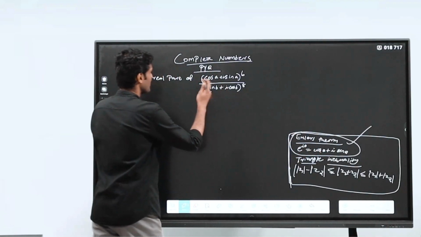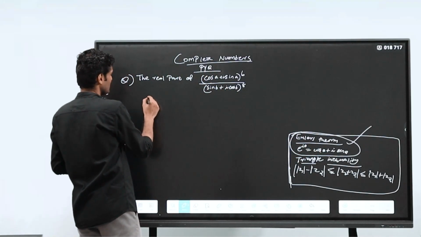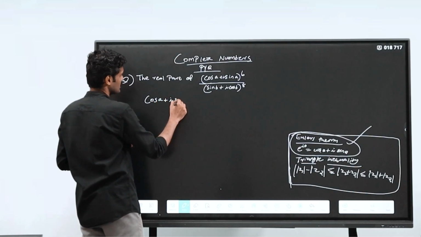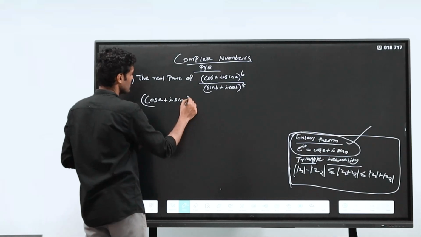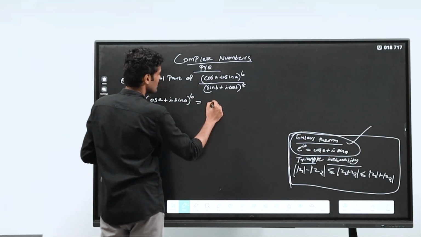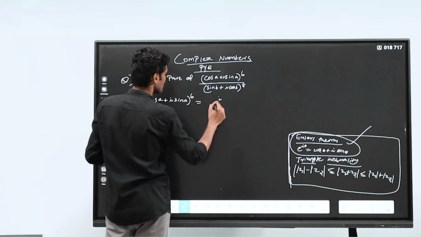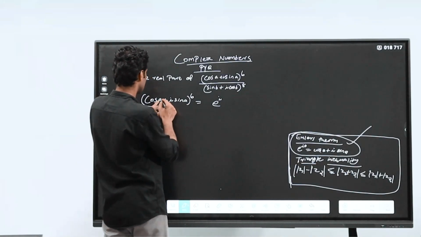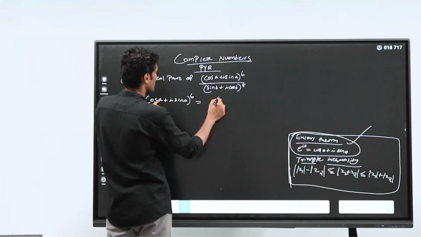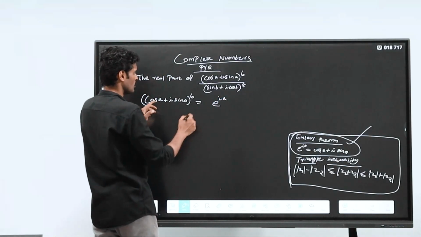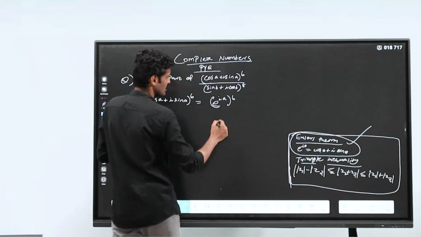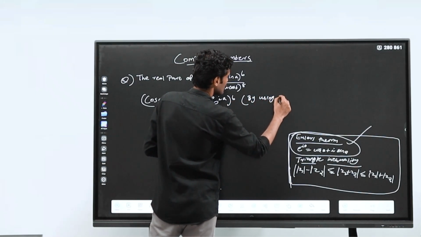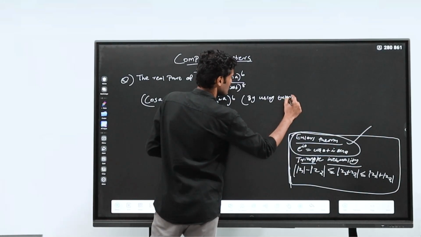From this, we can write the top portion, (cos A plus i sin A) whole raised to 6, as (e raised to i theta) whole raised to 6, where theta is A, by using Euler's theorem.